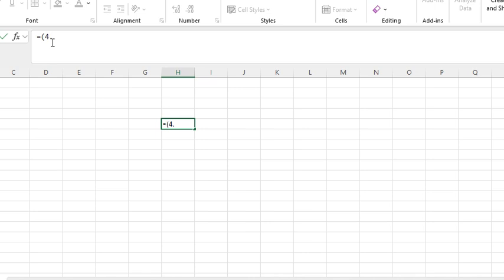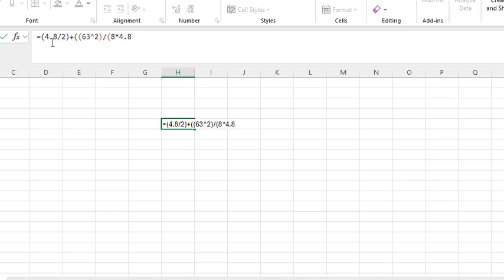So 4.8, divided by 2, and then 63 to the power of 2, and then divided by 8 times 4.8.